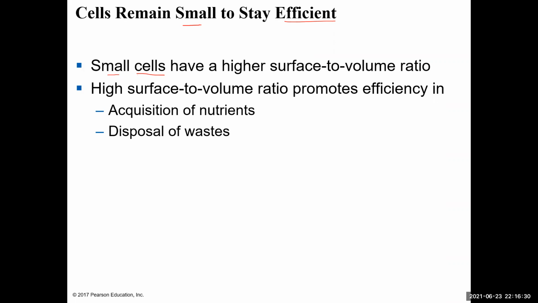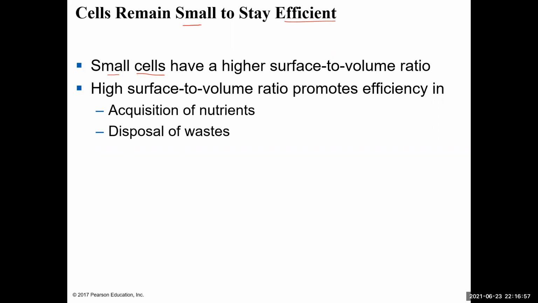So basically, if you're smaller, you have more surface than space inside of your cell. So let's imagine the cell as a box or a cube. If your box is large, the surface on the outside of the box is small compared to the large space inside. And so if a cell is small, that surface on the outside is actually larger than the space on the inside.